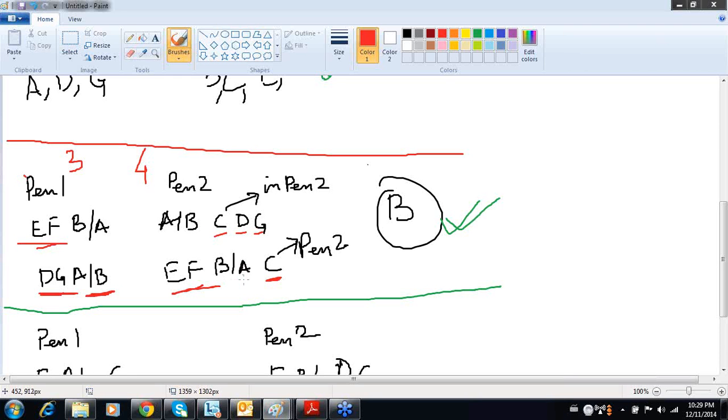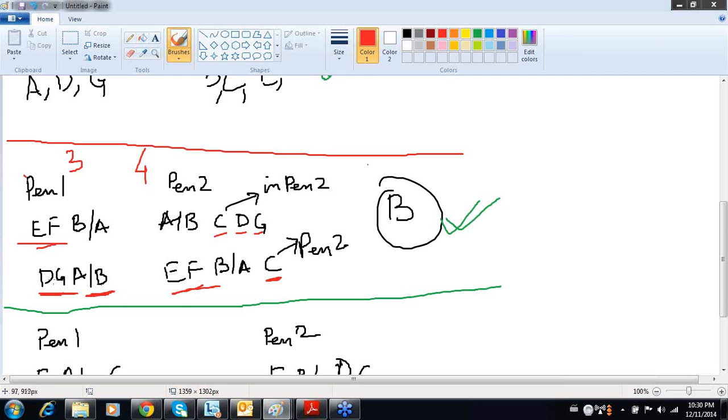So B oblique A, say, is in pen 2. Now if one of B or A is in pen 2, that means we have only one space left in pen 2, because the capacity of pen 2 is 4. Now if one space is left, then we cannot keep D and G together, because D and G have to be together, so D and G will be shifted to pen 1.